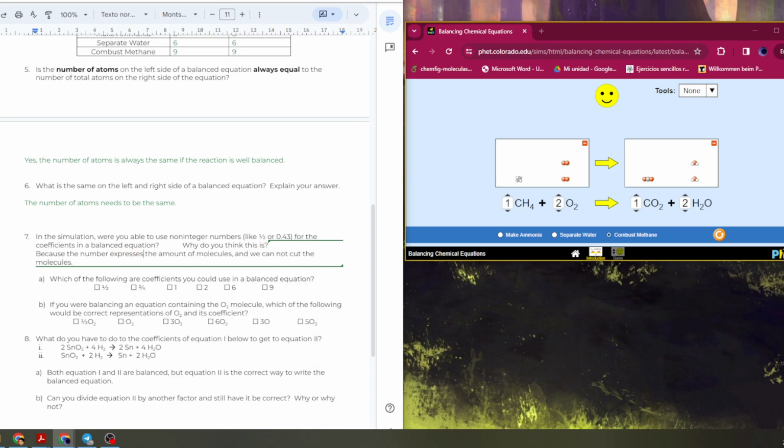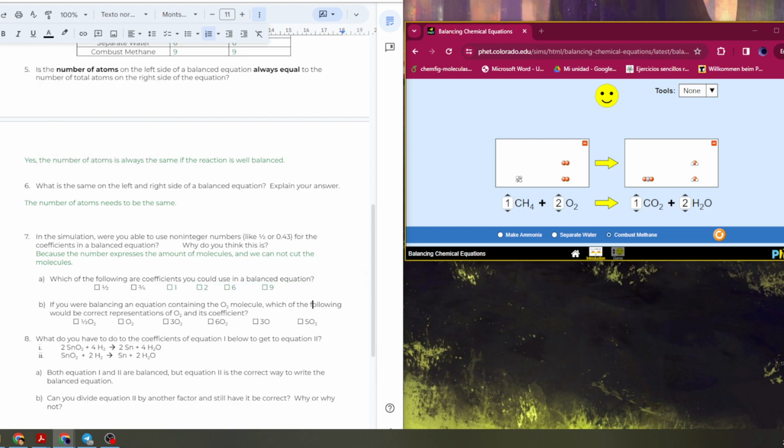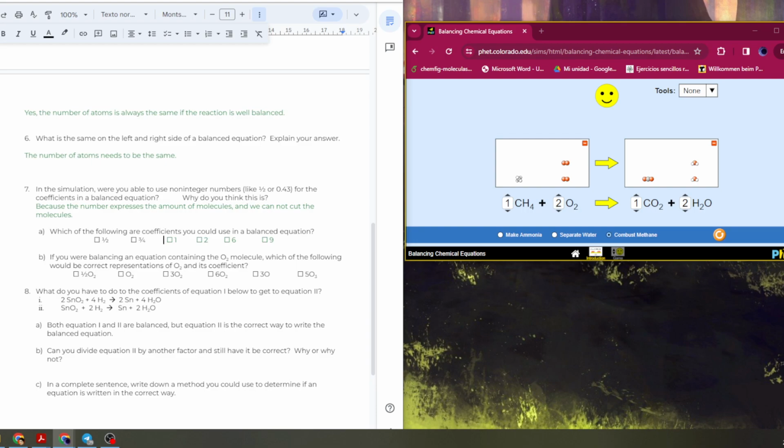Okay? So what can we use? All of the integers. Yes. So if we have O2, like here, for example, what can I put here? I can put nothing.